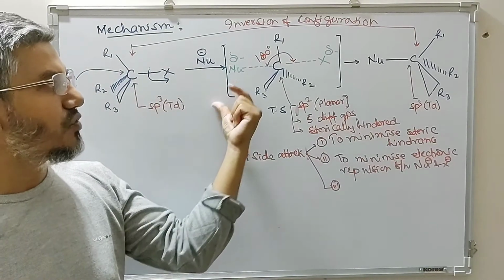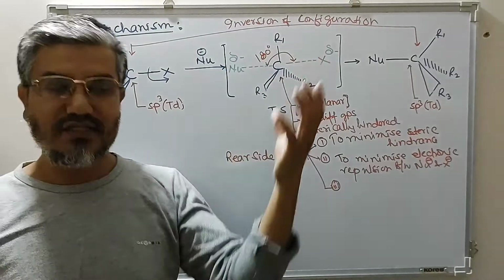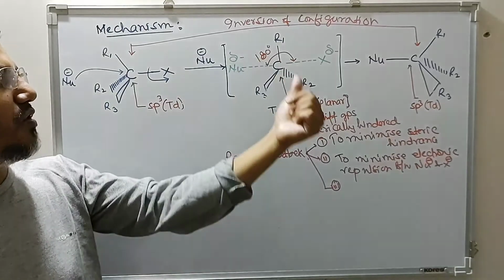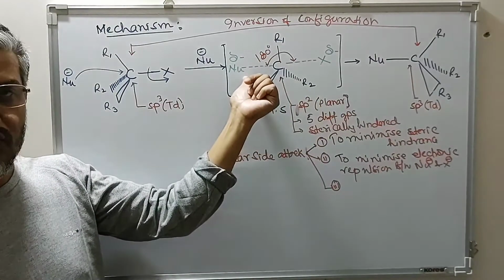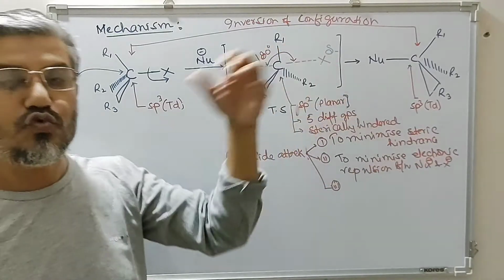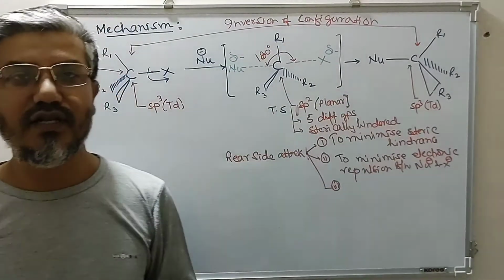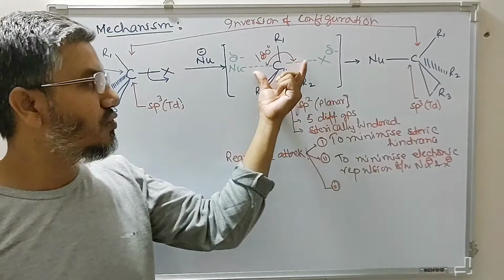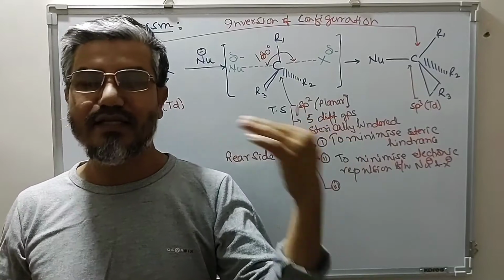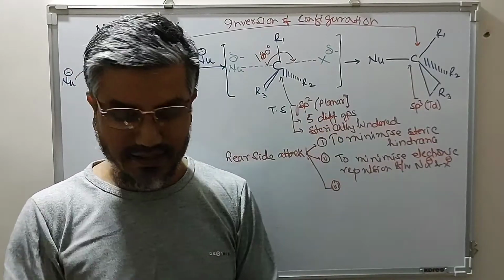If the leaving group and the nucleophile are on opposite sides, one lobe of the p orbital will have the nucleophile, and the other lobe of the same p orbital will have the leaving group. So to have the maximum overlap, the leaving group and nucleophile should be on opposite sides, that is, at a distance of 180 degrees.